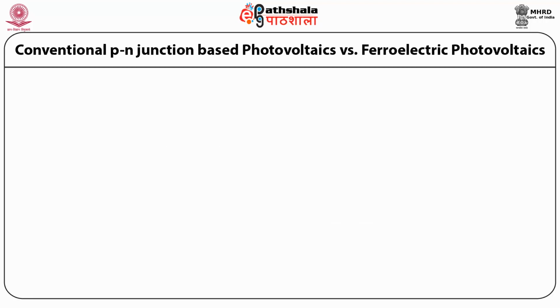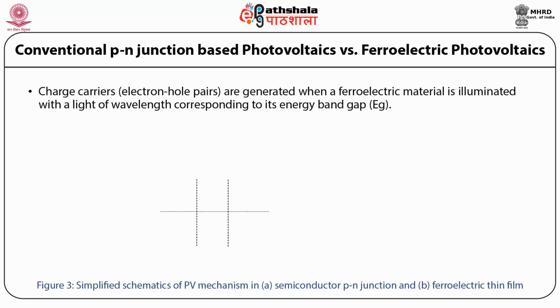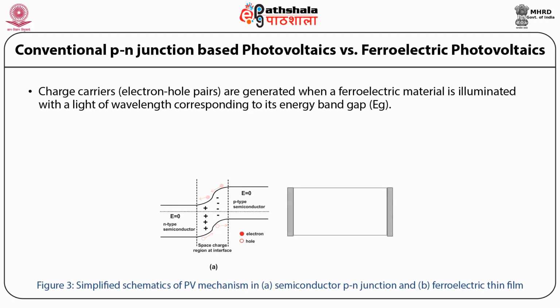So let us now compare the conventional p-n junction based photovoltaics with the ferroelectric photovoltaics. Charge carriers, that is the electron-hole pairs, are generated when a ferroelectric material is illuminated with light of wavelength corresponding to its energy band gap.